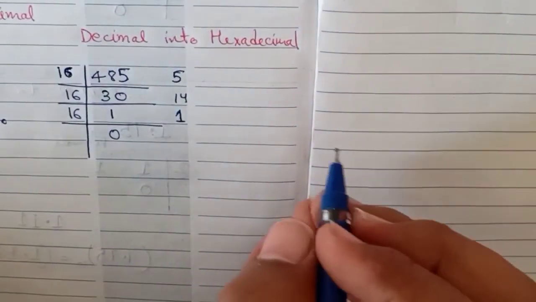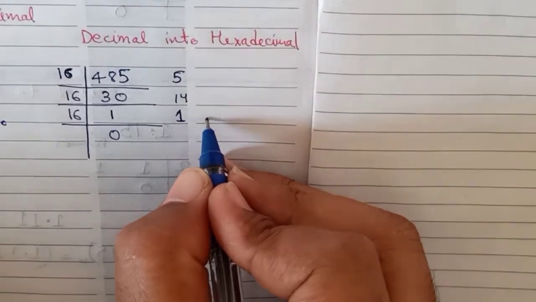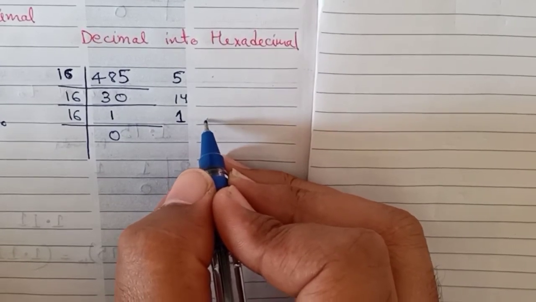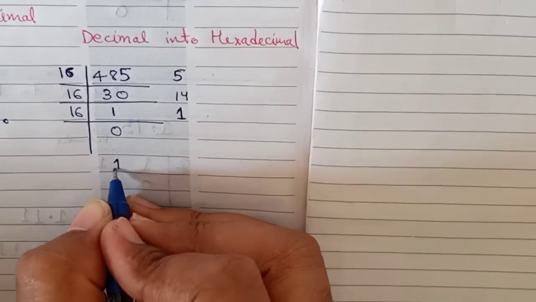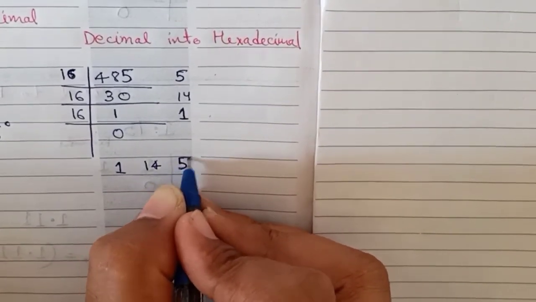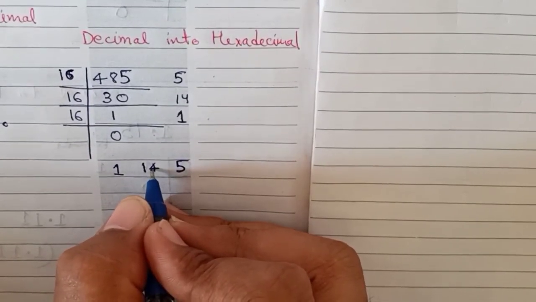So what did I tell you? From which direction will we note down these values? From the last remainder to the first remainder. So we note down 1, 14, 5. But there is a different term for 14.